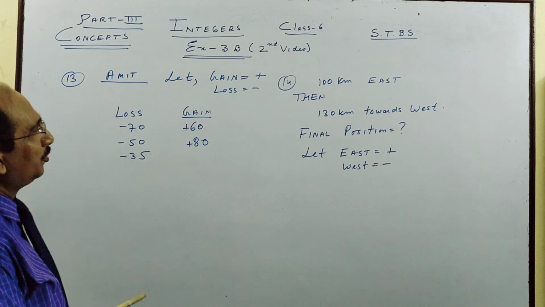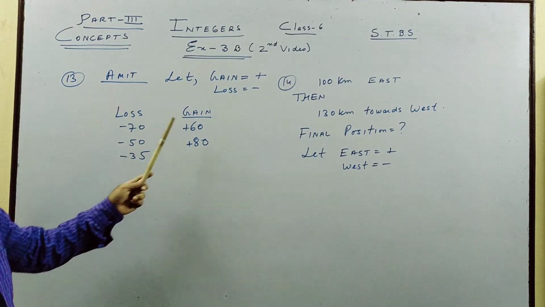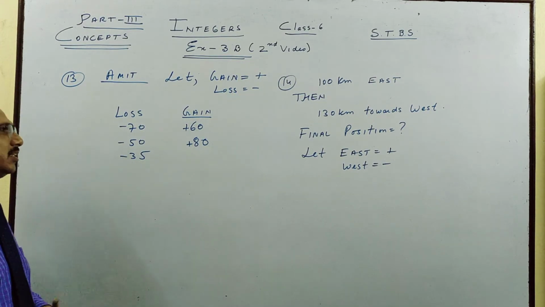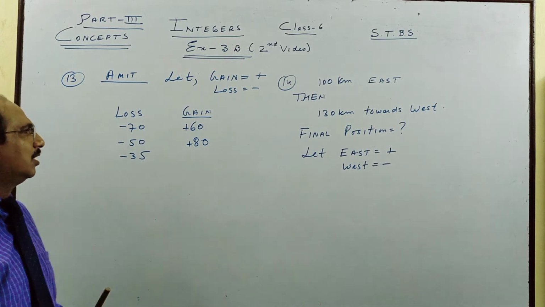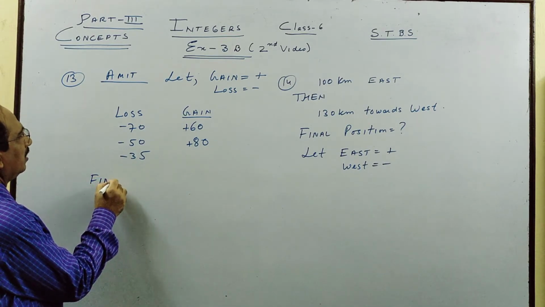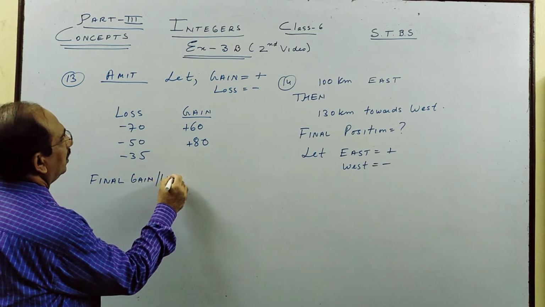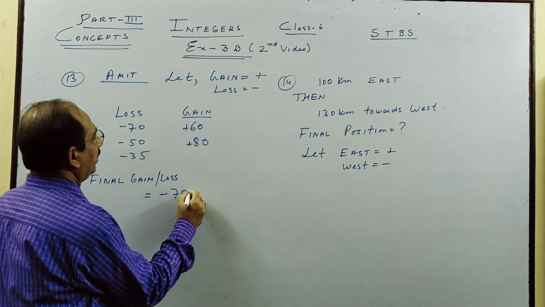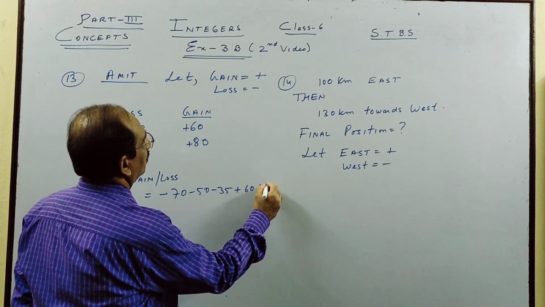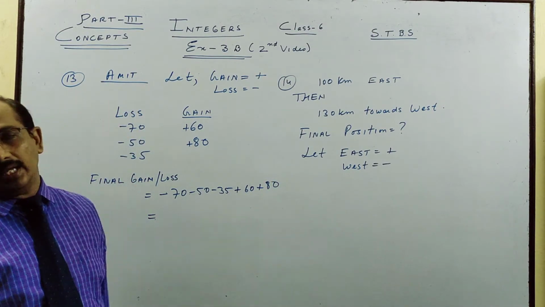So now we move to the final 2 questions. This is Amit. Let loss be minus, gain be plus. He loses 3 times and gains twice. So his final gain or loss we will see: minus 70, minus 50, minus 35. So first 3 times he loses, last 2 times he gains.